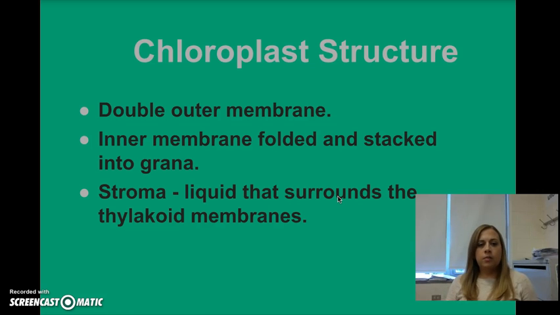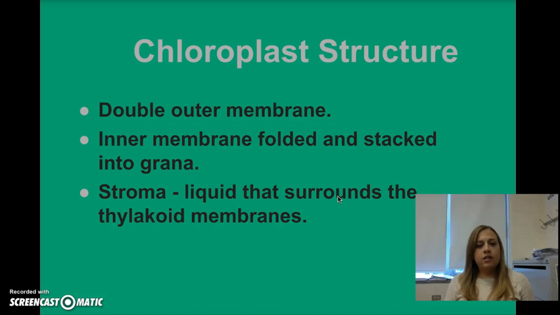And now we're going to talk about this idea of the chloroplast and what it is. I talked to you a little bit about it already, but we're going to go into some details to prep us for when we get into the details of the reactions and talk about where all of the reactions take place. So chloroplasts have a double outer membrane.